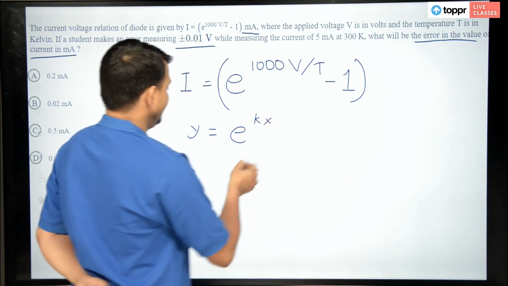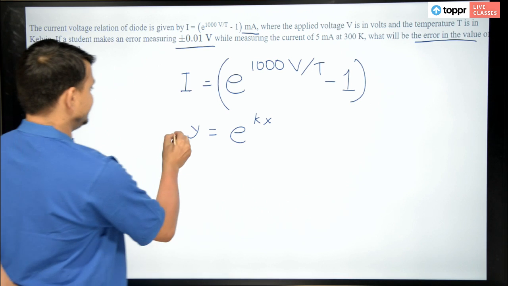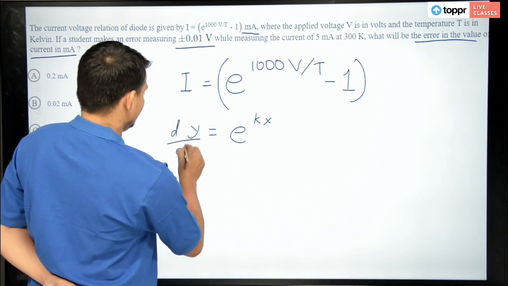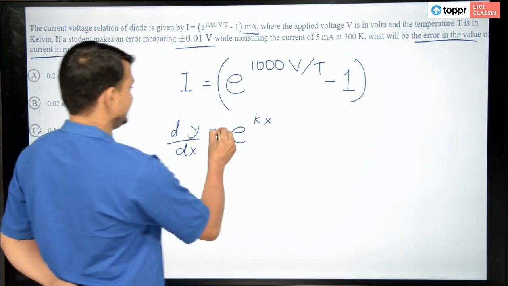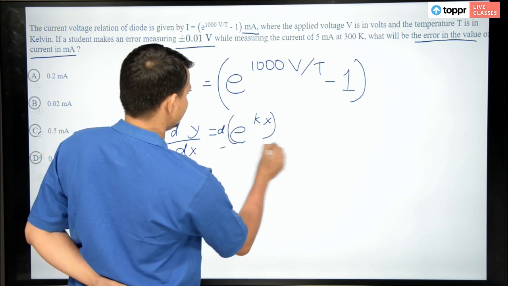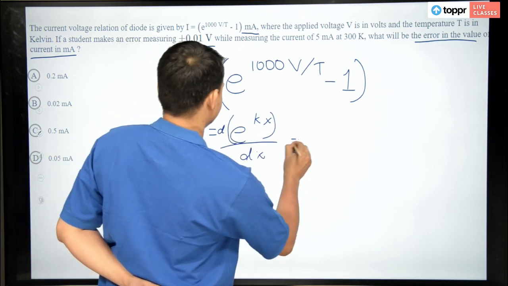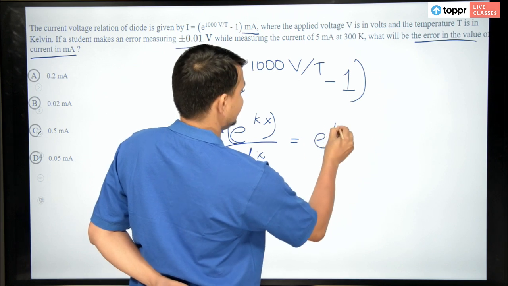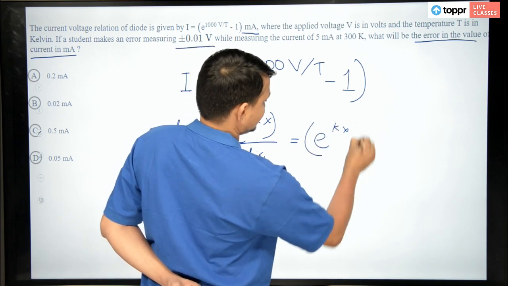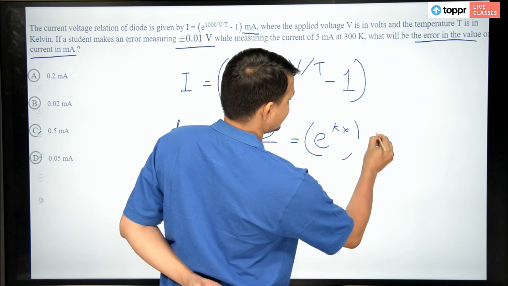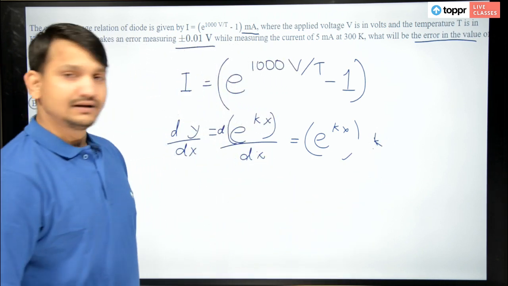If we differentiate, dy by dx would be e to the power kx times k, right?